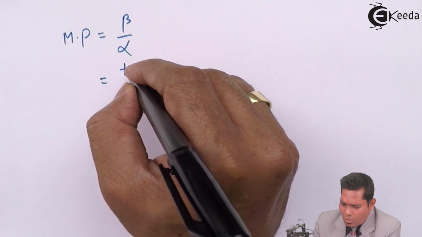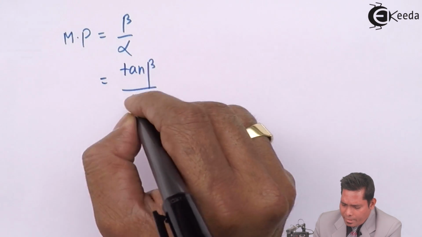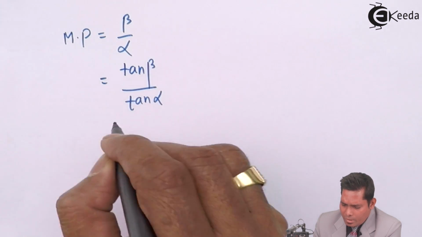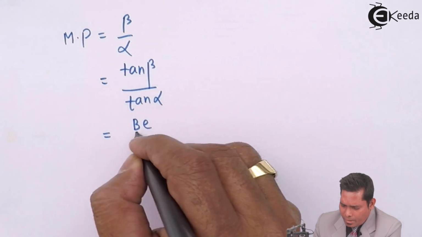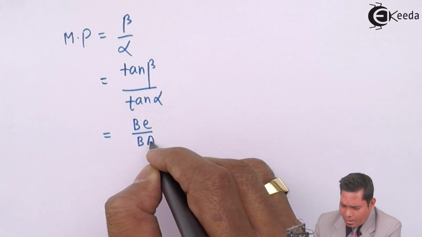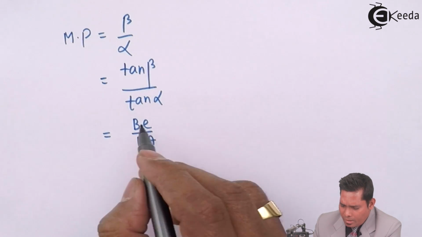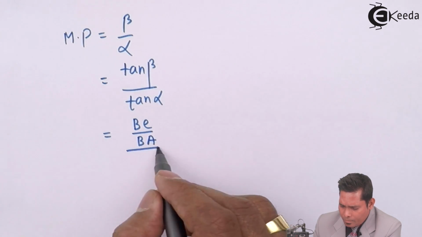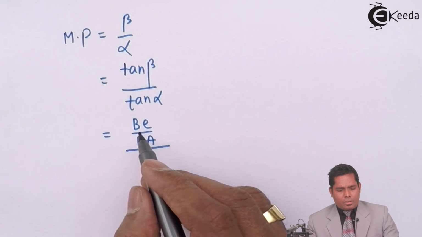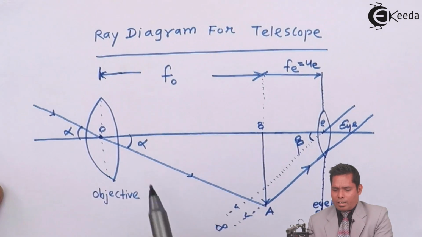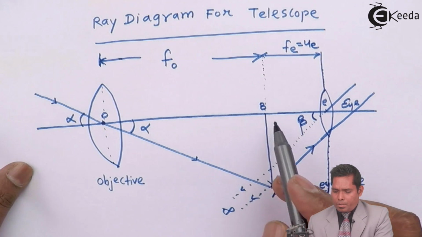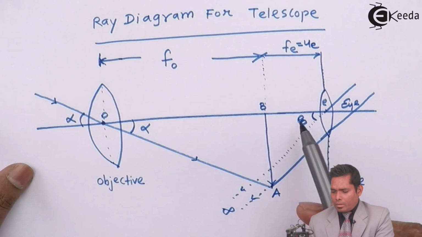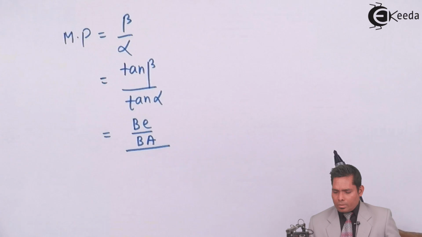So it is tan of beta divided by tan of alpha. Here it is BE divided by BA. This is for tan beta, divided by the tan of alpha. You can see from here the tan alpha is AB upon this.